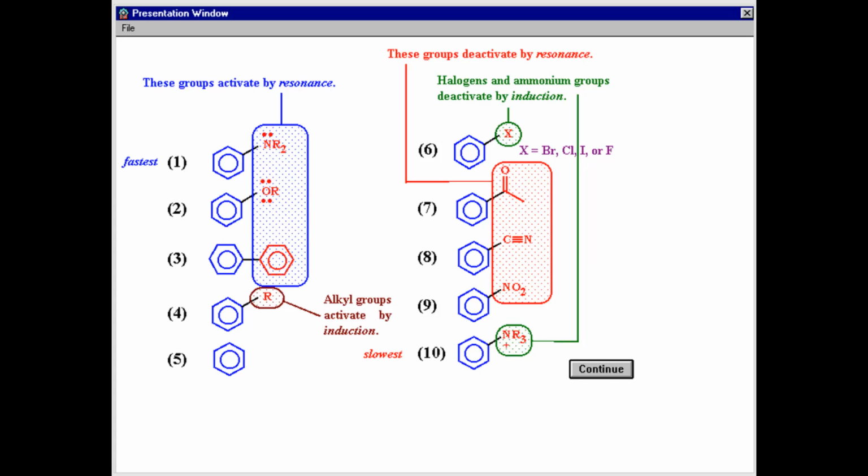What's more important is, are they ortho-para-directors or are they meta-directors?